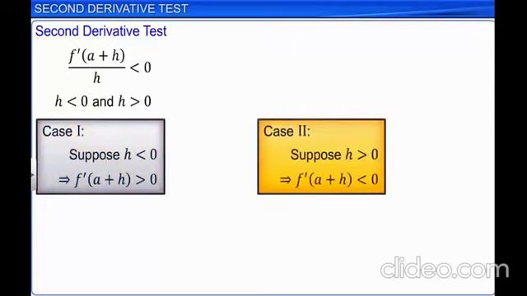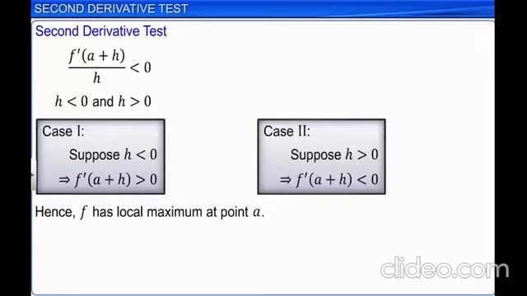Observe that as the value of h is increasing from negative to positive, the value of the corresponding first derivative is decreasing from positive to negative. Hence, from the first derivative test, the function has a local maximum at point A. The value of the function at point A is the local maximum value.